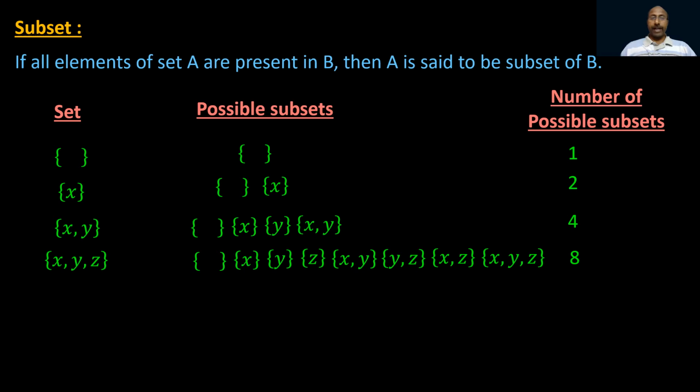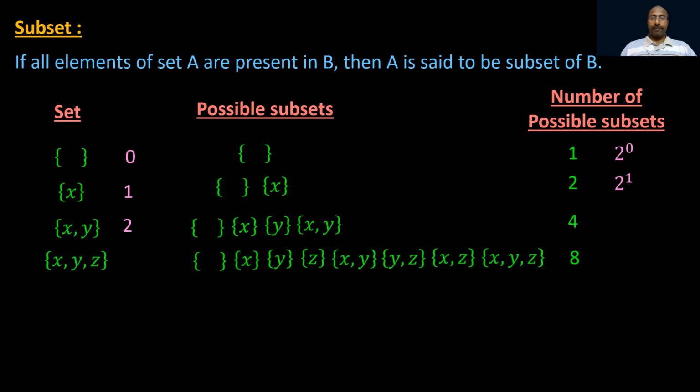So we can observe that for 0 elements we have 2 power 0 subsets, and for sets having one element we have 2 power 1 subsets.